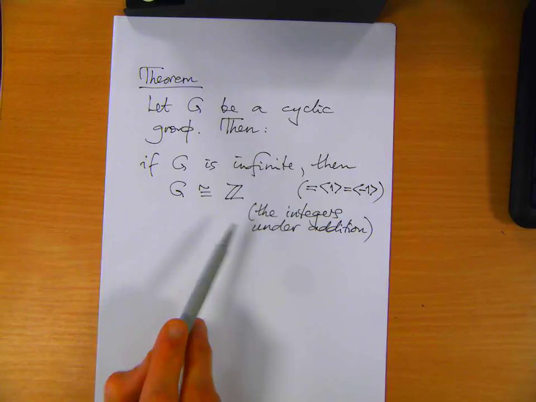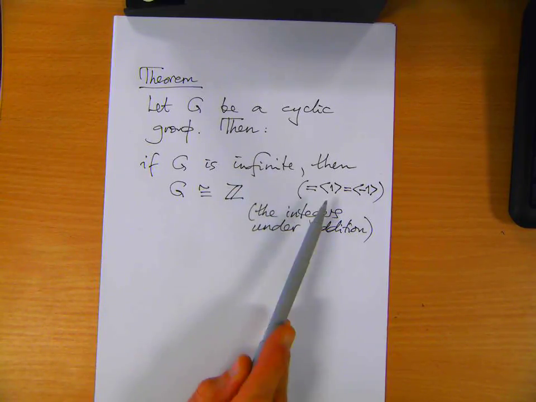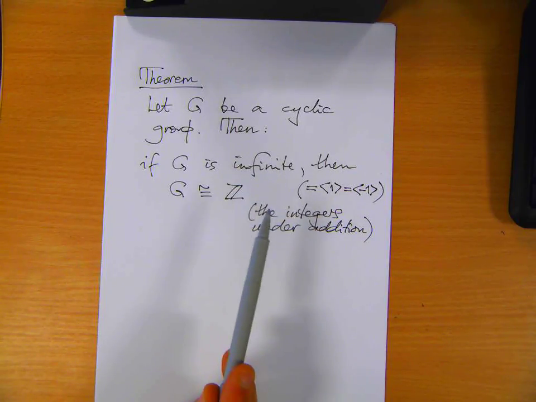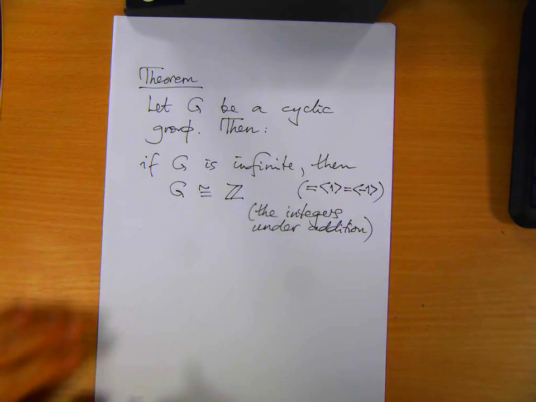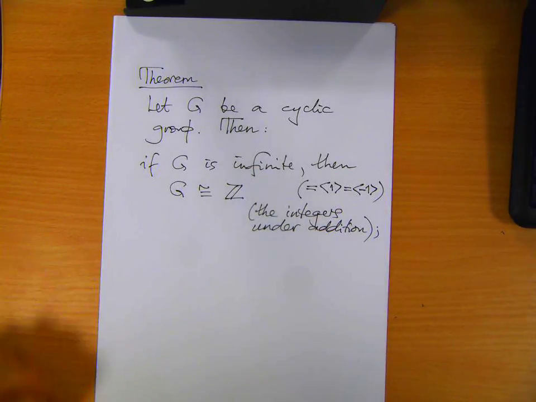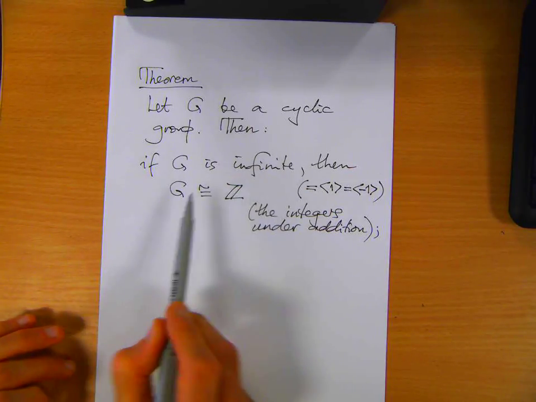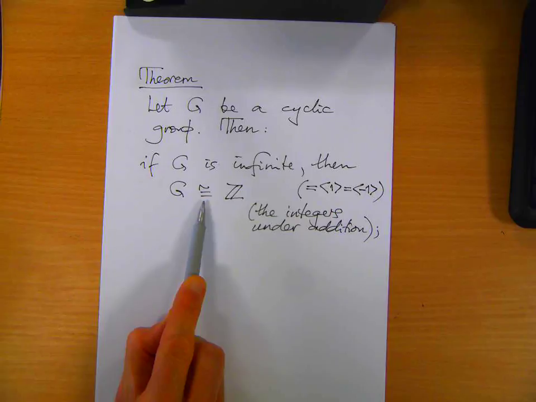Remember, we're using additive notation here, so rather than saying a power of 1 or a power of -1, I use the term multiple. I've mentioned that issue about notation a few times. So one possibility is that G is an infinite cyclic group, and the only one is the integers, up to isomorphism.